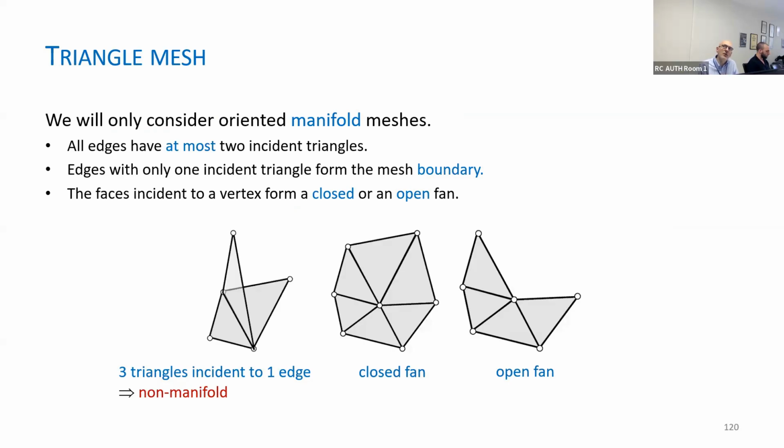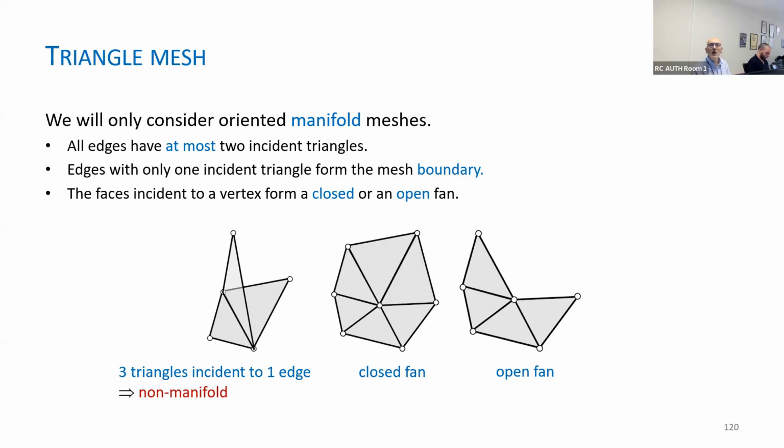Normally, when we talk about meshes, we talk about manifold meshes. Manifold means that we normally only work with meshes where for each edge there are only two incident triangles. So one edge is shared between two triangles. If, as in the example on the left, you have three triangles that are sharing the same edge, in that case, we have a non-manifold mesh.